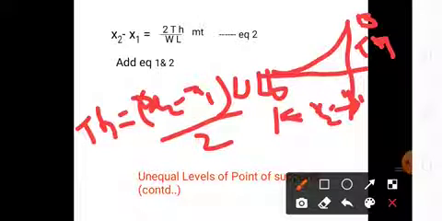From this we get the formula x2 minus x1 is equal to 2 TH by WL.